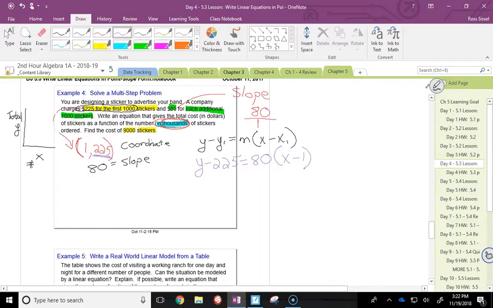So we are done with the first part of the problem. Write the equation for the total cost of stickers as a function of number in thousands. So here's my first answer. This is our equation.